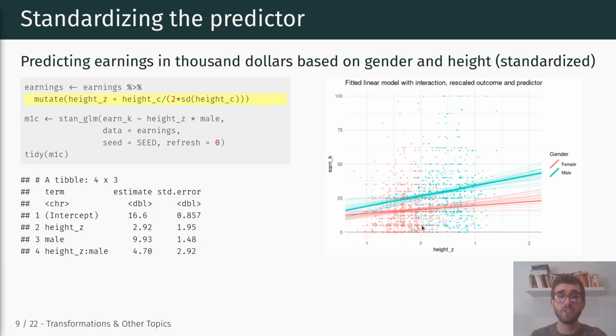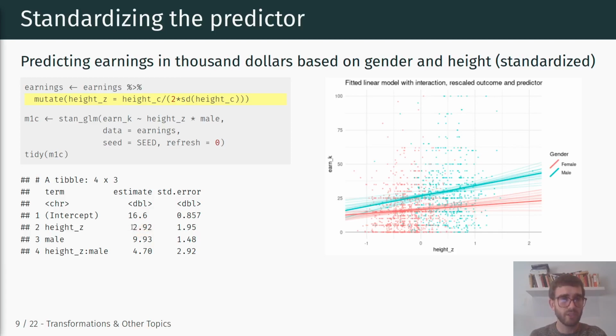So that's a 1 unit change on this standardized predictor, essentially a change in 2 standard deviations. And so now we can roughly compare how much of a difference a 2 standard deviation change in height makes in terms of the predicted outcome, the salary.